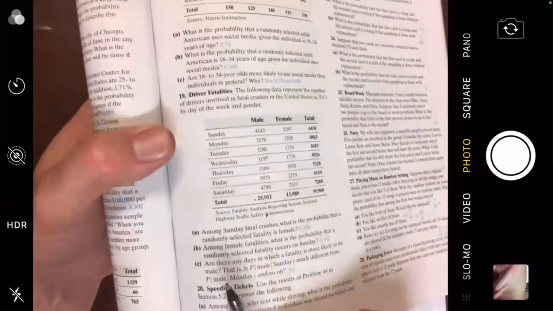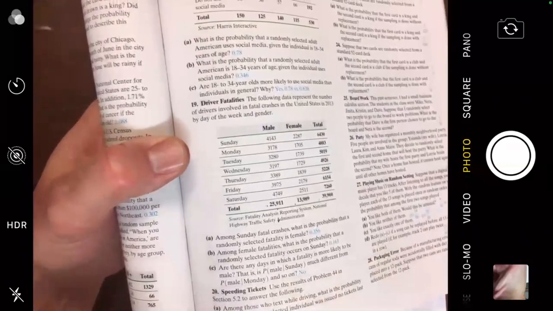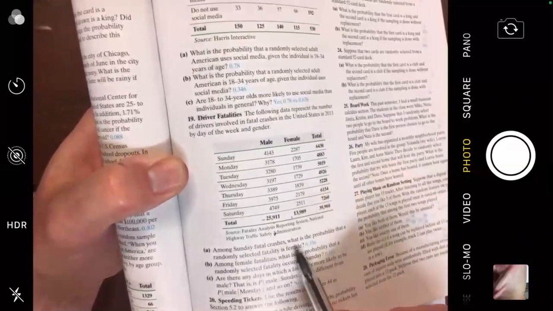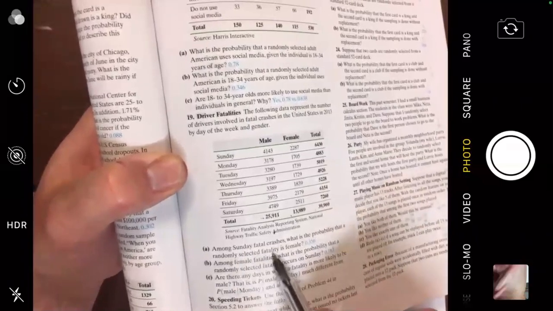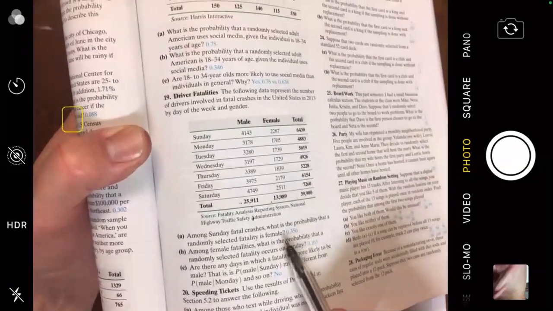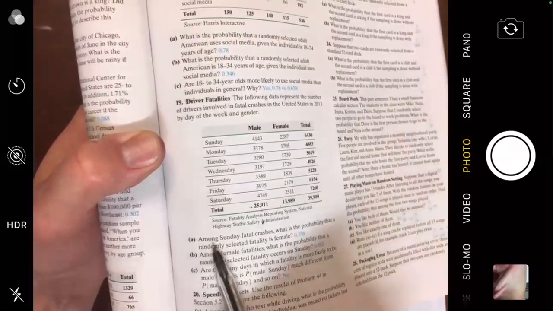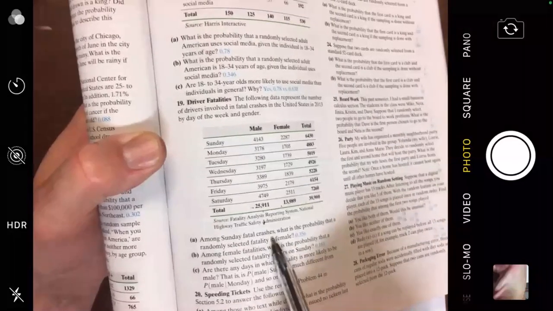Okay, again, it's not worded with the classic; they do not use the word given here exactly. So you've got to read this and think what is given. Among Sunday fatal crashes, what is the probability a randomly selected fatality is female? What you define, that's the first thing in the given. Do you see that among the Sunday fatal crashes, that little phrase?